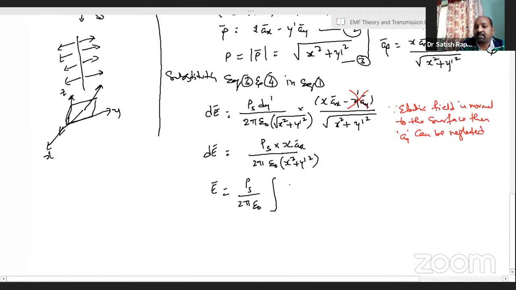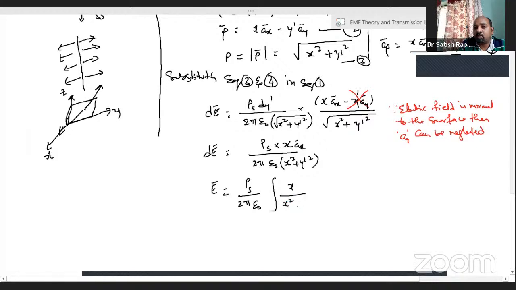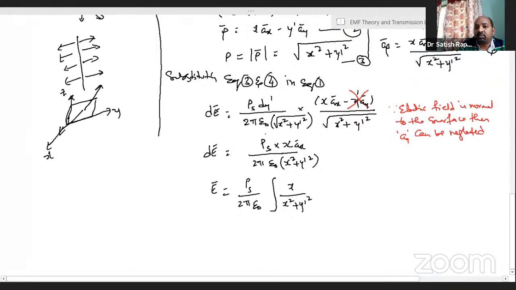So the integral of x by x square plus y dash square, sorry, here I forgot dy dash, so dy dash ax bar. What are the limits of integration? Minus infinite to infinite, because I have considered an infinite surface charge.